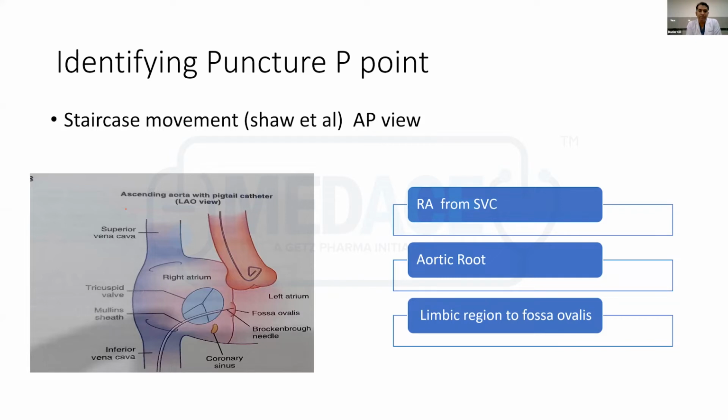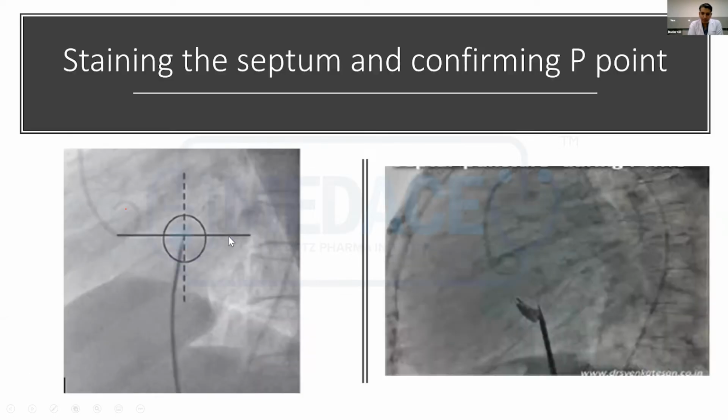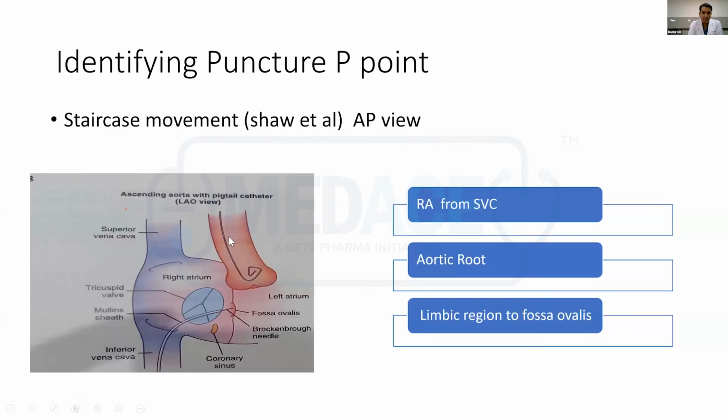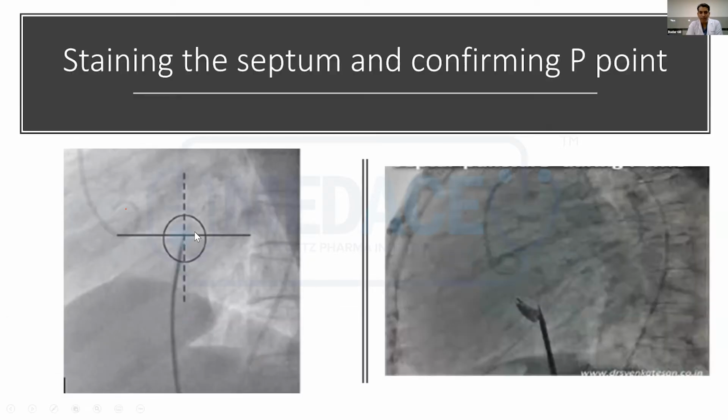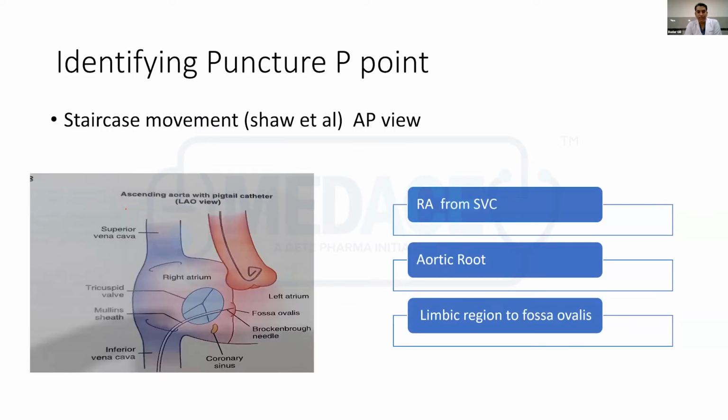Again, identifying the puncture P point while coming down, Shaw et al. described the staircase movement. As you can see on the left side of this picture, when we come down from the SVC, there is a dip.